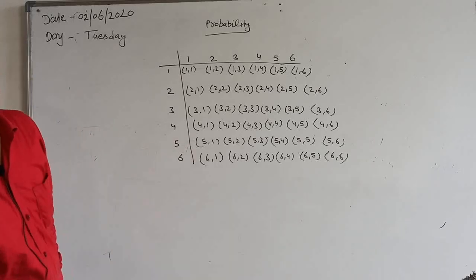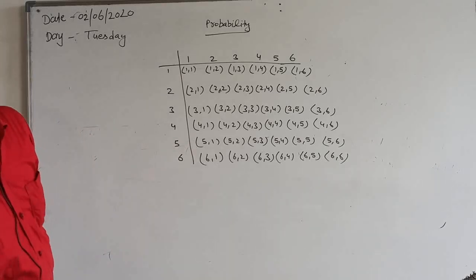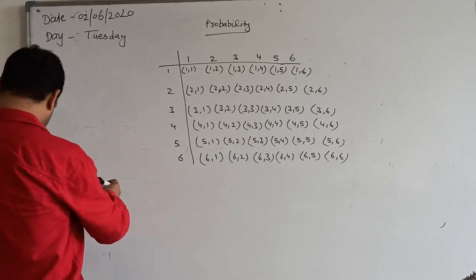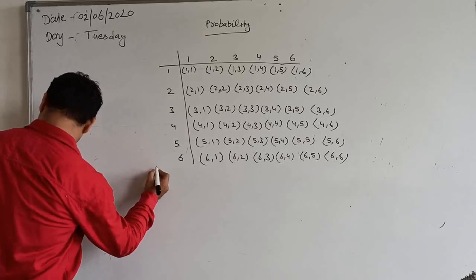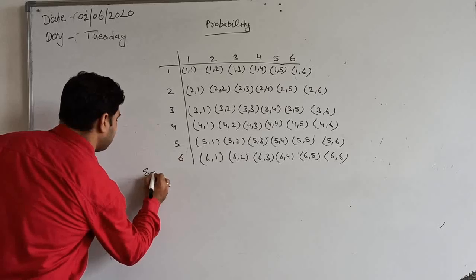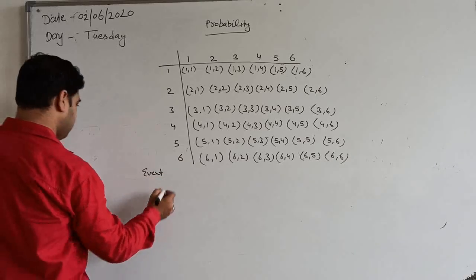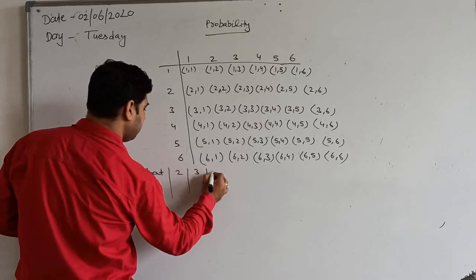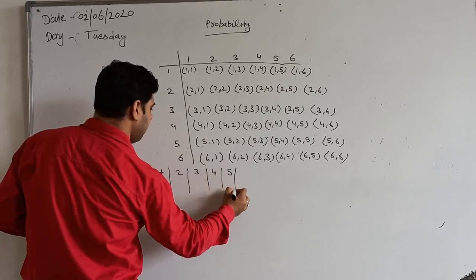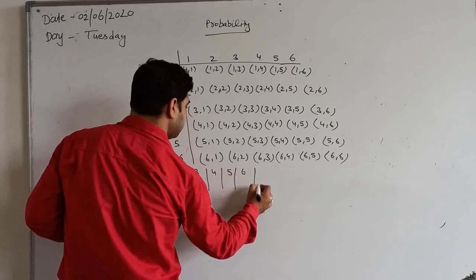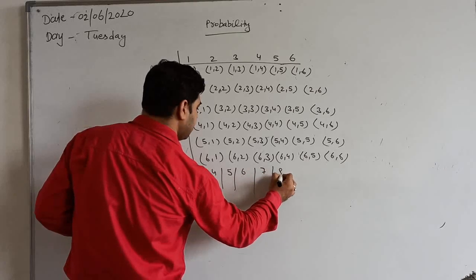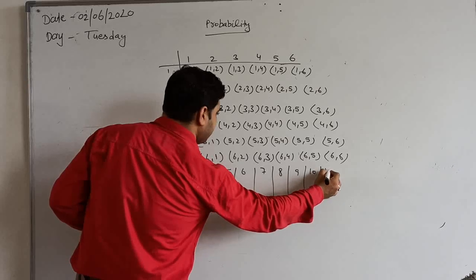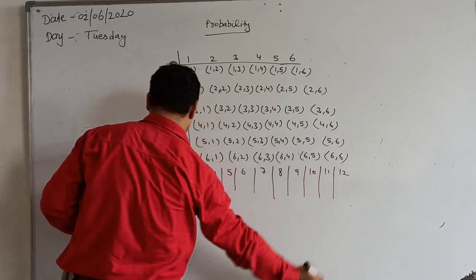So here the question we have taken is the sum of the dice event. The sums given are 2, 3, 4, 5, 6, 7, 8, 9, 10, 11, 12.